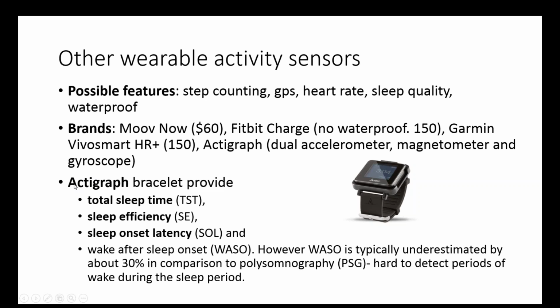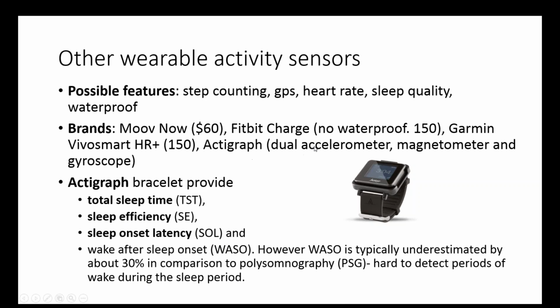Then one of the more sensor-rich devices is this Actigraph bracelet, which has a history in interventions that require sleep monitoring. And the reason is they provide total sleep and some other sleep measures.